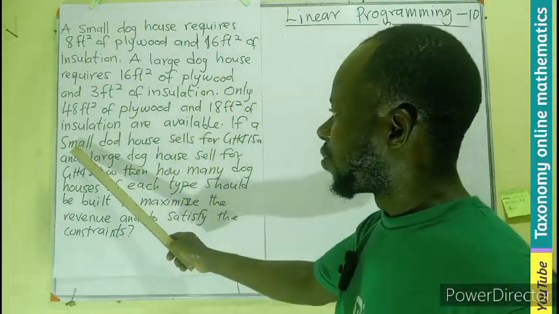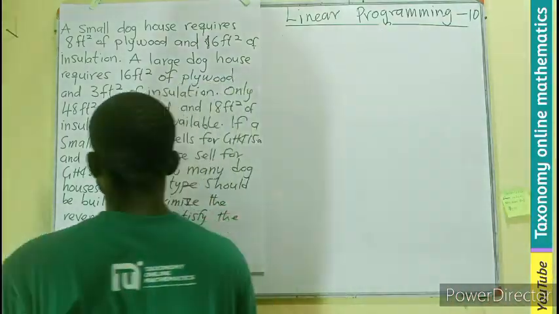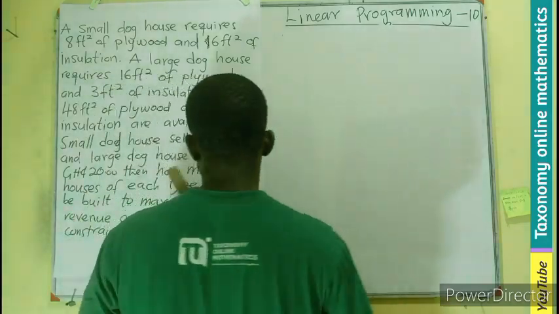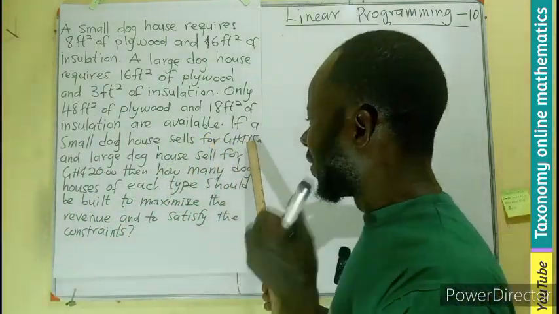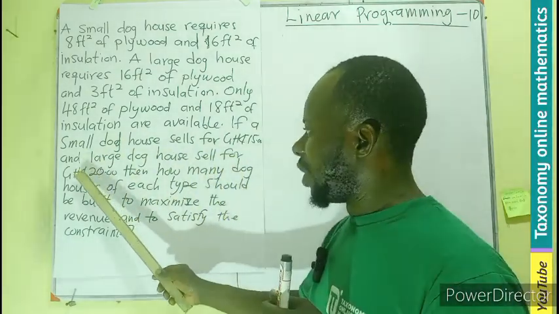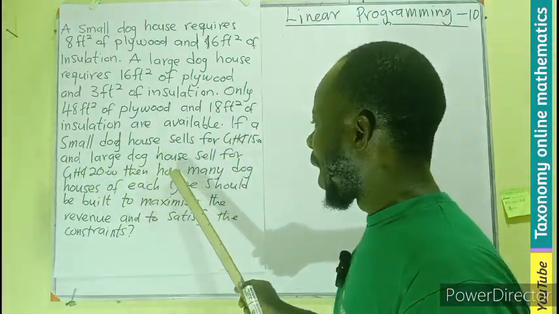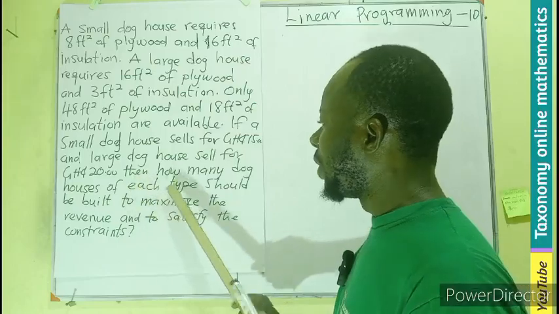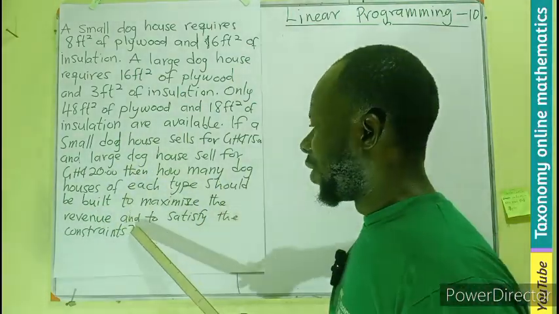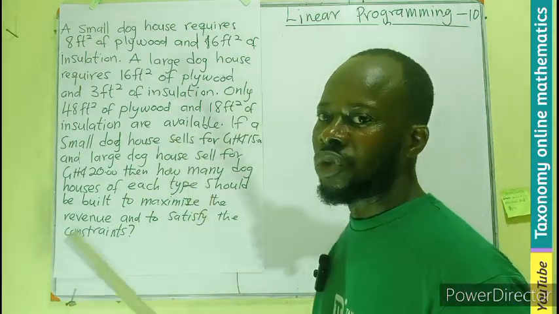If a small dog house sells for 15 Ghana cedis and a large dog house sells for 20 Ghana cedis, then how many dog houses of each type should be built to maximize the revenue and to satisfy the constraints?